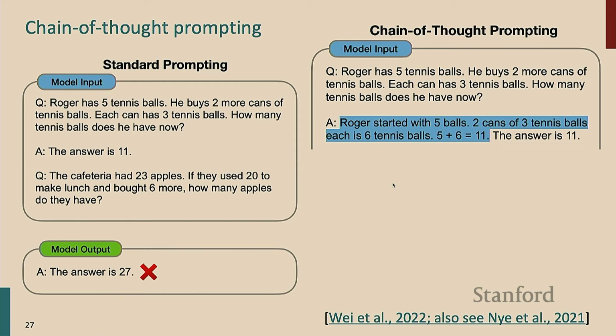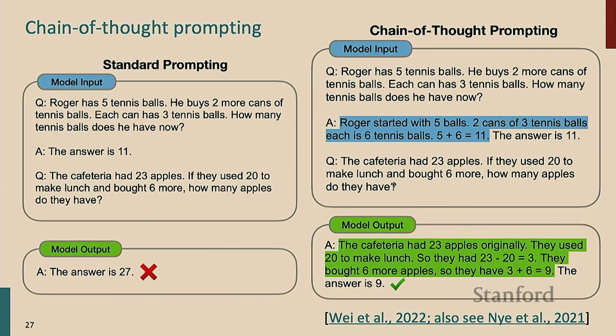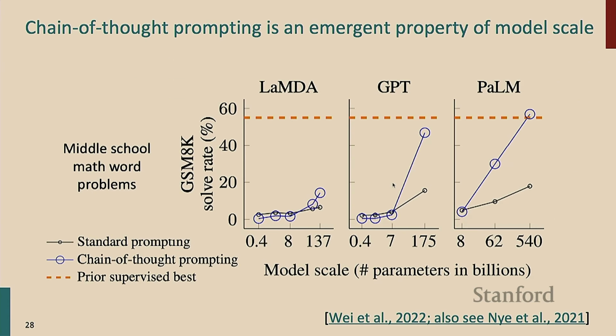And because a language model is incentivized to just follow the pattern and continue the prompt, if you give it another question, it will in turn produce a rationale followed by an answer. So you're kind of asking the language model to work through the steps yourself, and by doing so, you end up getting some questions right when you otherwise might not. So super simple idea, but it's shown to be extremely effective.